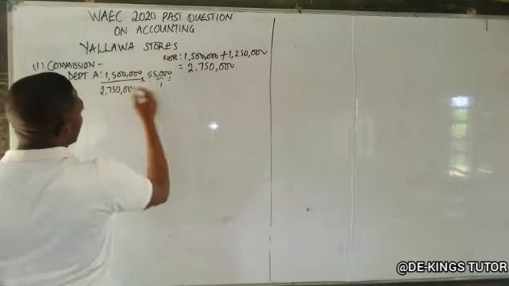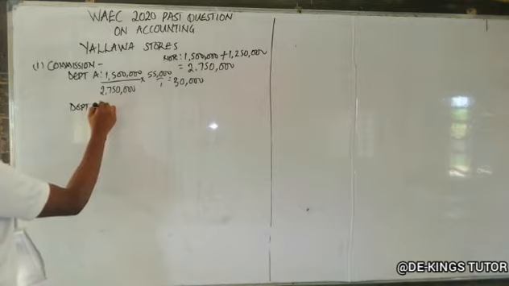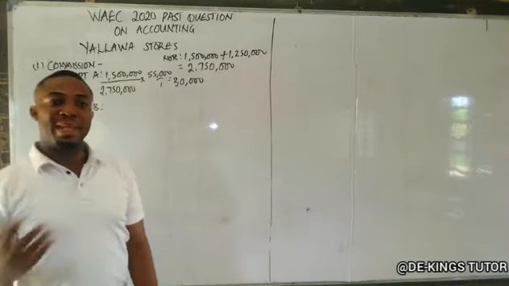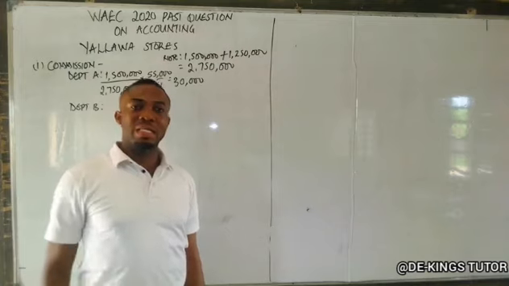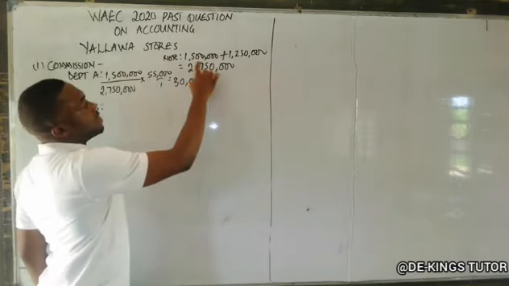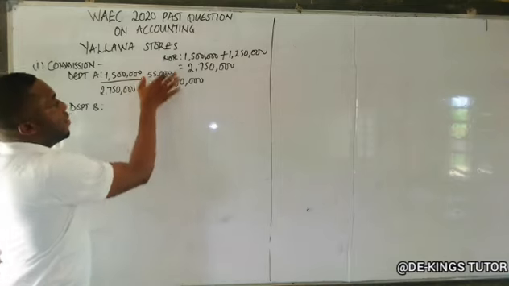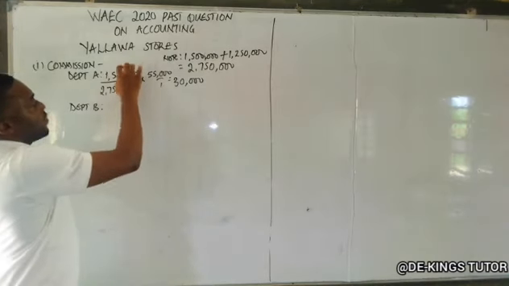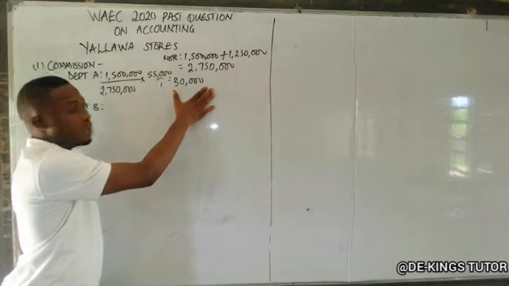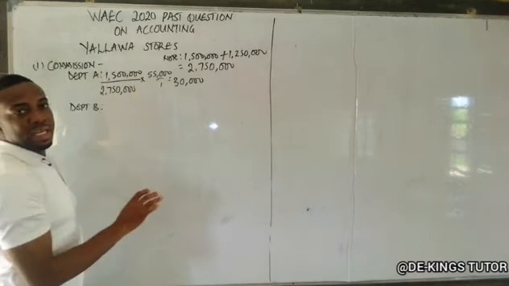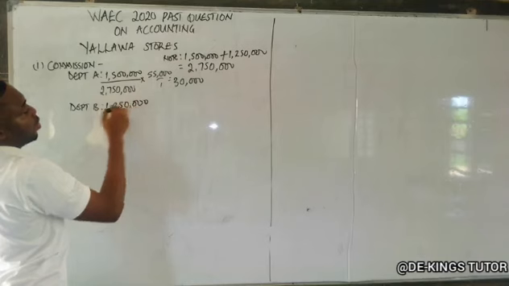The next one is for Department B. The reason we are doing this is because commission was just given plainly. It wasn't shared to the two departments. So they want us to apportion that commission expense as regards the sales made. So we add the two sales to get the total figure. For Department A, 1,500,000 divided by total times the commission amount is what is to be charged to Department A. Department B will now be 1,250,000 over the total times 55,000, the commission amount.